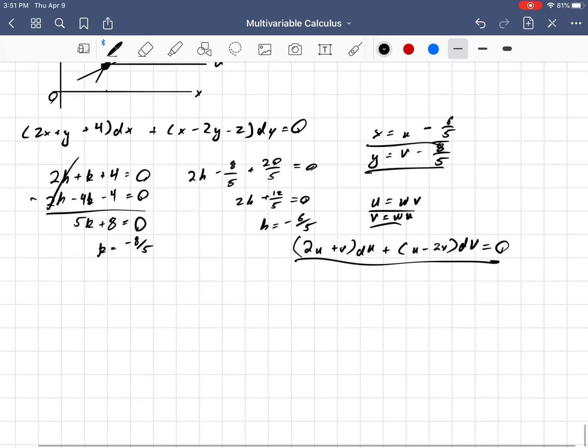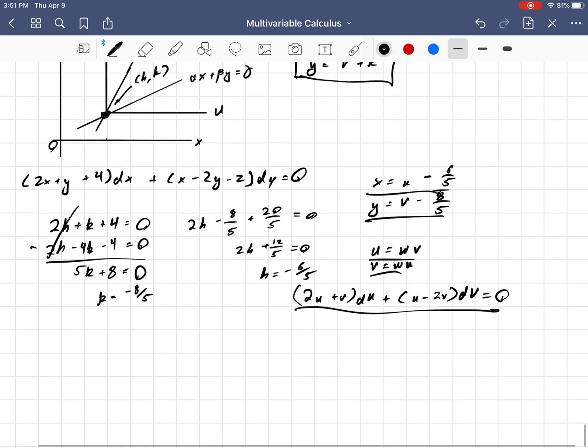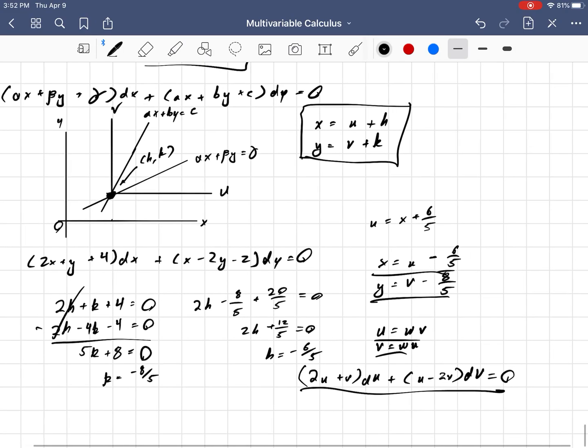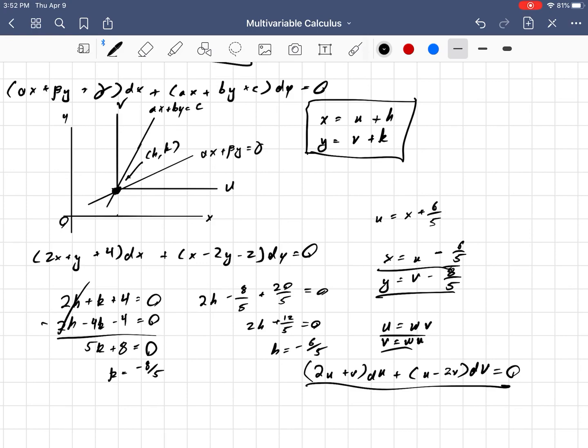At this particular point, I would just like to emphasize the translation of axes. When you go to back substitute, we're now in terms of u, so u would be x plus 6/5. That's what I was trying to say earlier: if I took a point x and added 6/5 to it, I would be on the u-axis.